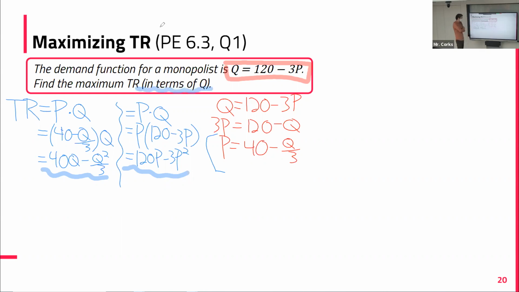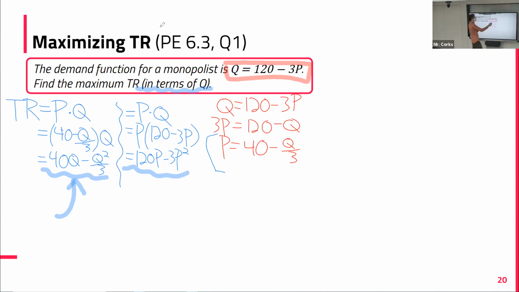So we want it in terms of Q. This is the more useful one. But we could express a marginal revenue in terms of P as well. Mathematically, that's still possible. We do prefer Q, but why do we prefer Q?